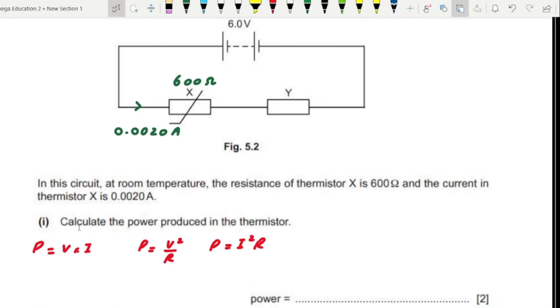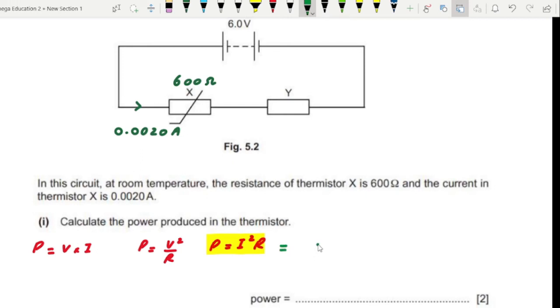I mean, all of them you can use indirectly, but which one can be used directly? Yes, very good. P equals I squared times R. We can use it directly.